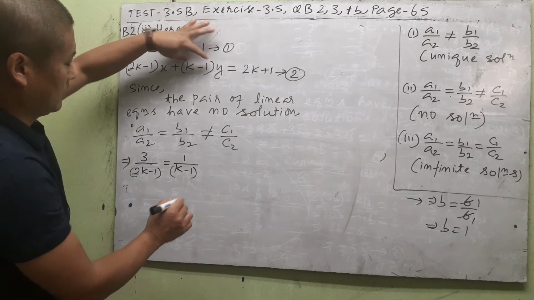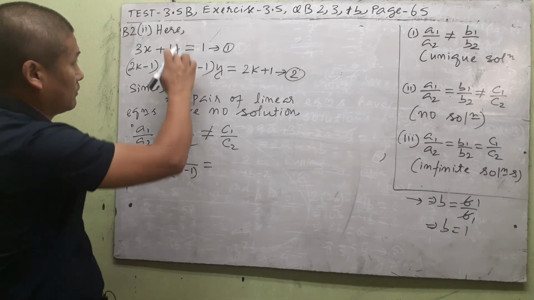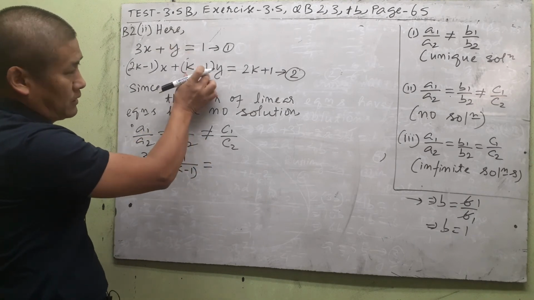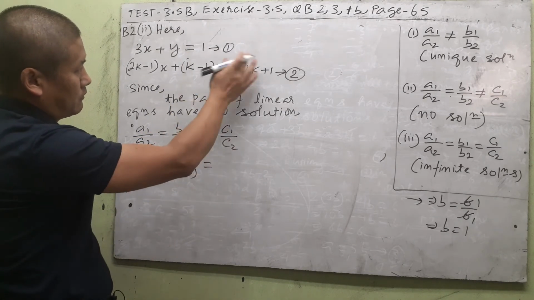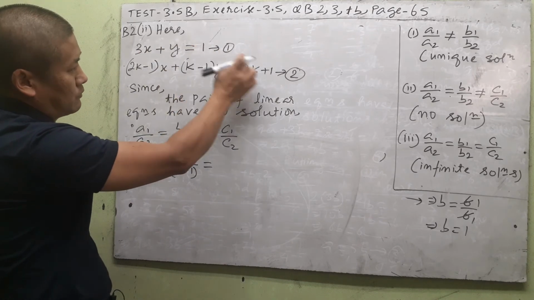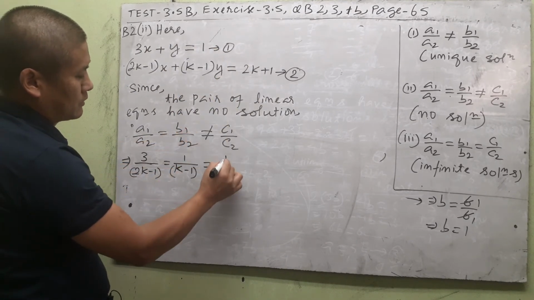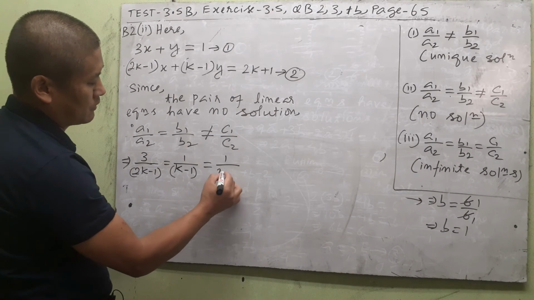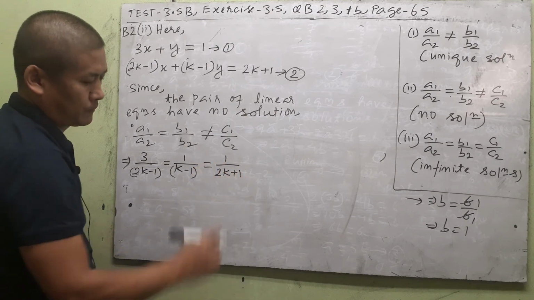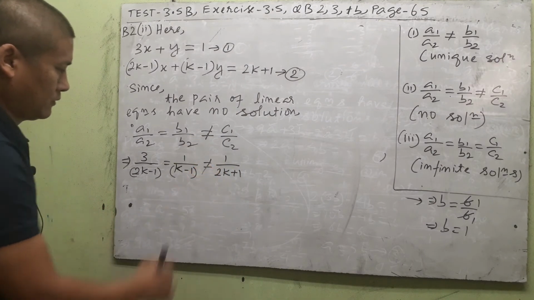So B1 and B2 are plus 1 and k minus 1. C1 is the one having no x and y. C1 is plus 1, C2 is 2k plus 1, not equal to.